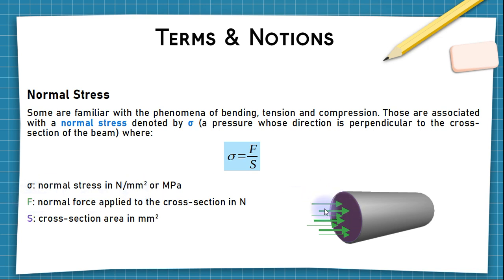The F, which is the force represented by these arrows, is the normal force applied to the cross-section in newtons. And S, which is this surface over here, is the cross-section area in millimeters squared. Note well that S can also be found as A. So you have the choice in here.